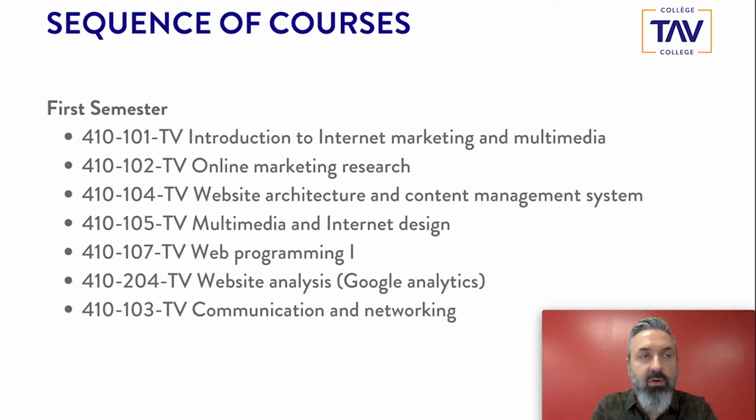We cover how to build a website manually using CSS and HTML. Then in the second course, Web Programming 1, we introduce you to WordPress and how to build that website using a database, and we touch various things when it comes to servers and other stuff.